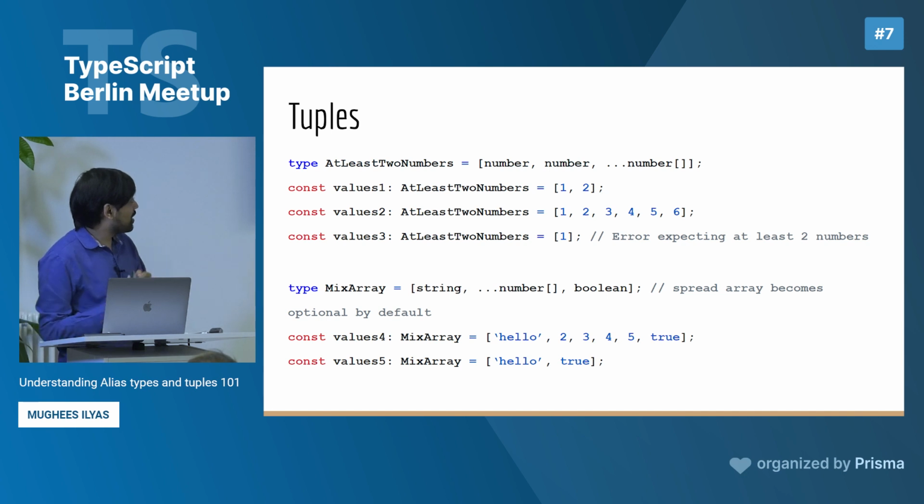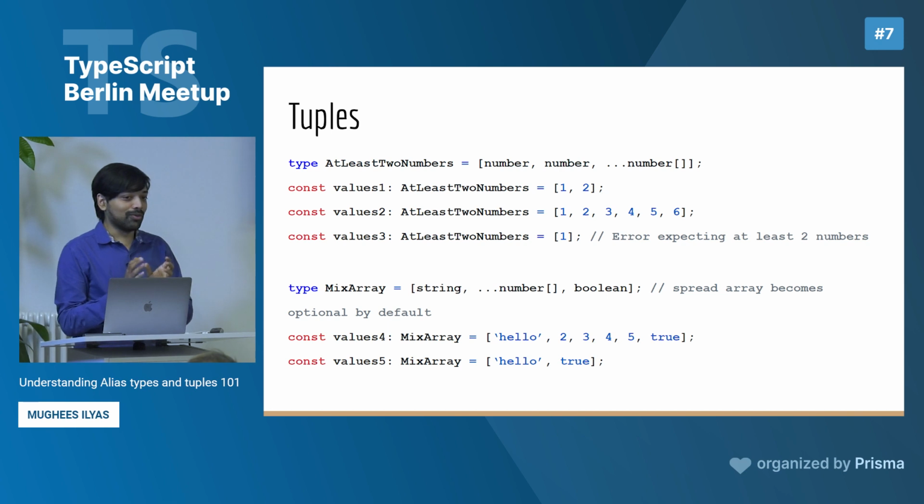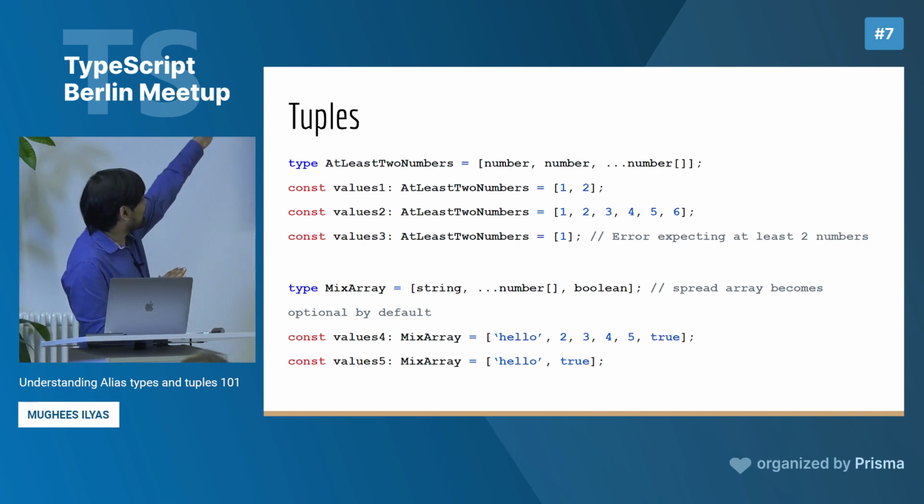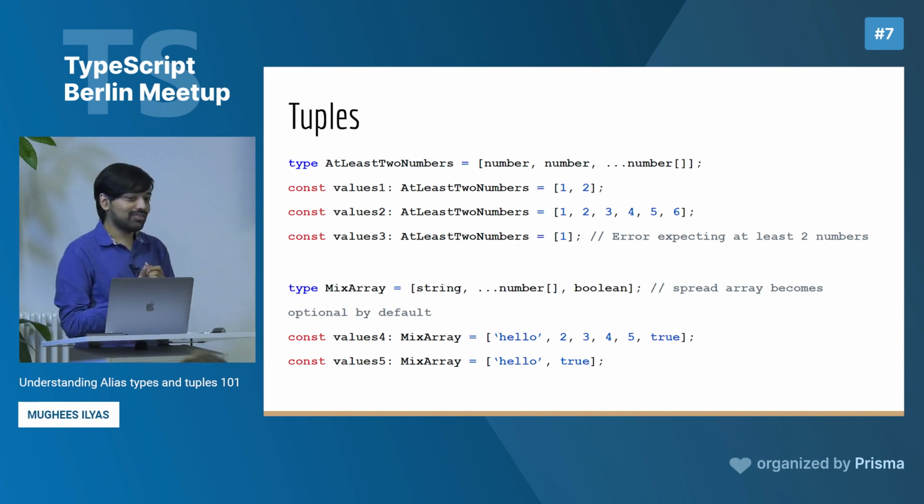What more it can do is that it can use the spread operator to define some really cool types of things. So if I define something like at least 2 numbers, which has number, and then a spread operator, what it does is that it will define an array which will have at least 2 elements or X number of numbers.